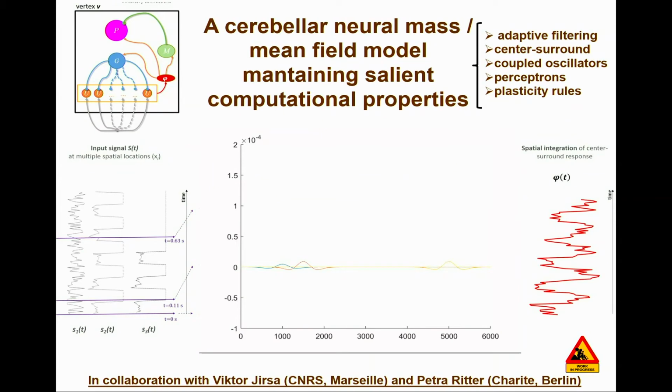But then these properties have been extracted as properties that can be written down as equations or embedded into the mean field. For example, this mean field maintains the capacity of working as an adaptive filter in space and time. It can filter information in space and time. This is a critical property for a cerebellar node.